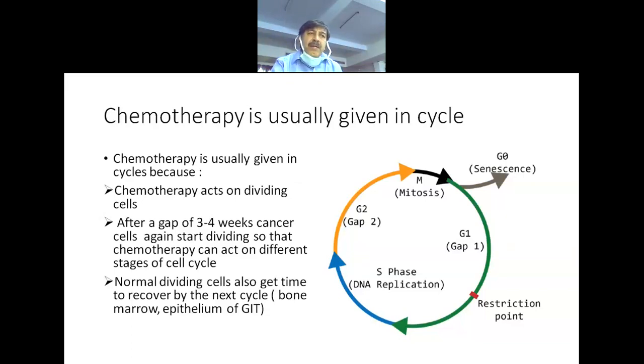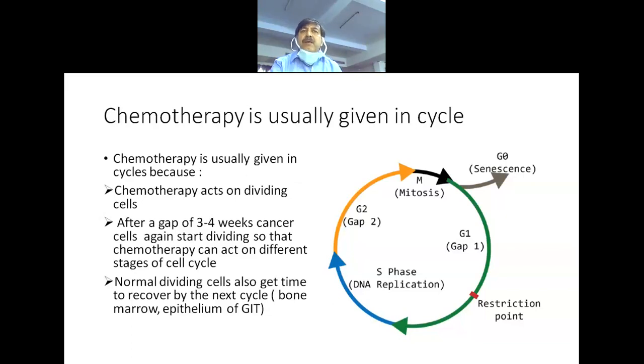So we give it time so that these cancer cells, after the first dose, again start dividing, and at the same time this chemotherapy acts in different stages of the cell cycle. And the idea behind giving chemotherapy in cycles is that chemotherapy also damages the normal dividing cells.